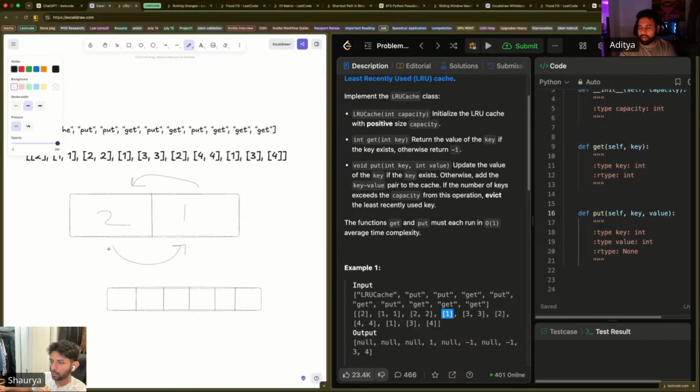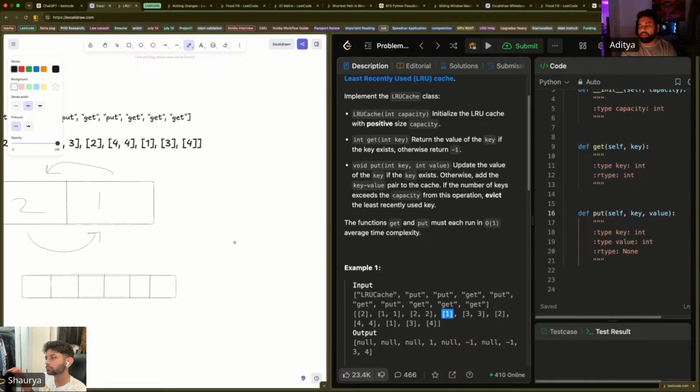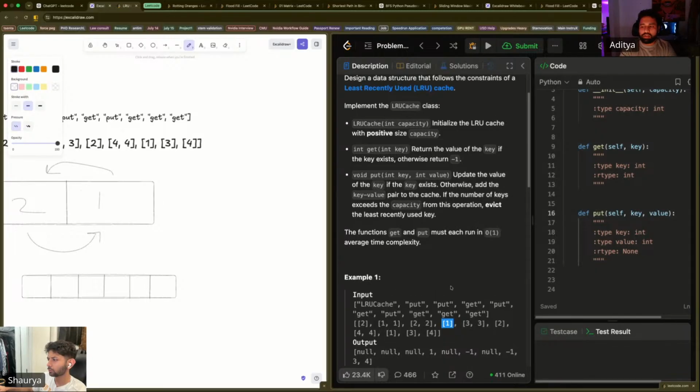Now, to do that, we have two options. Either we can use dictionaries, which is going to be the simpler approach, the most basic approach, or you can use a linked list. I have started using a dictionary, but we can also look at the solution. But let me complete the whole thing.